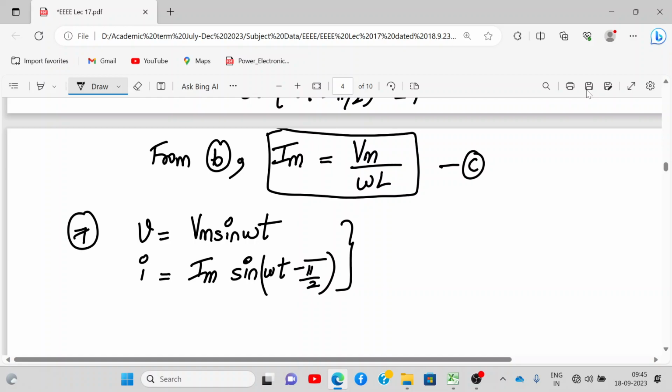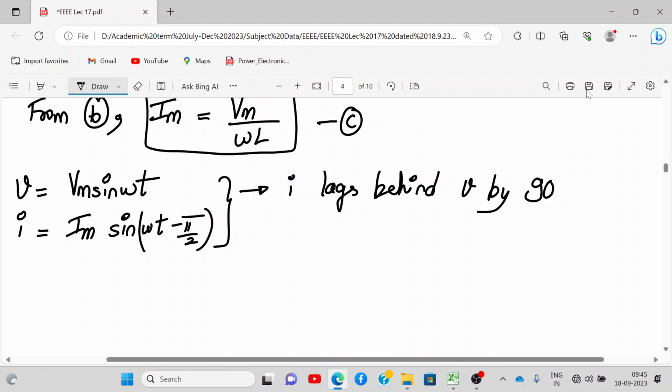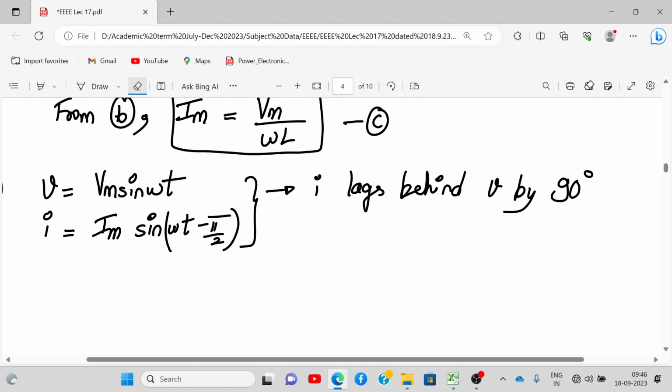Or my voltage leads the current by 90 degrees, whichever way we say. So write down, from this expression it is clear that your current I lags behind voltage V by 90 degrees. And this happens in a pure inductive circuit. So in a pure inductor, this is the major lesson: current lags behind the voltage by 90 degrees.